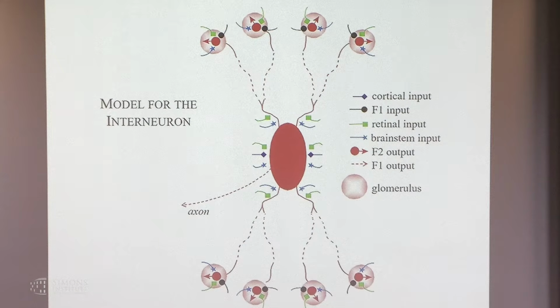And this is the way we now think. This is a very unsophisticated model for how the interneuron is functioning, that the proximal inputs are controlling the axonal output because these produce EPSPs and IPSPs that are going to control the firing of the axon, and that's your traditional organization.